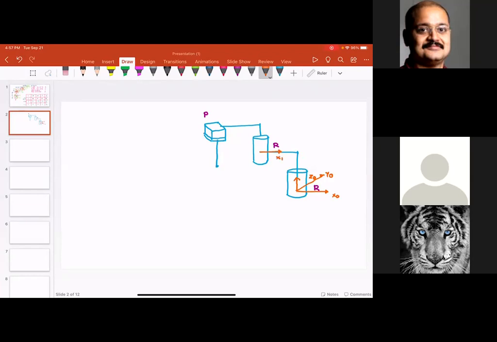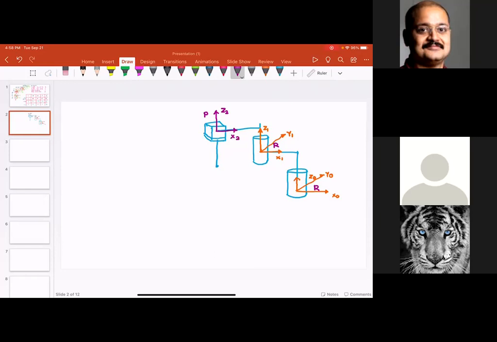And by now you should be expert in assigning the coordinate systems. So we can do that.